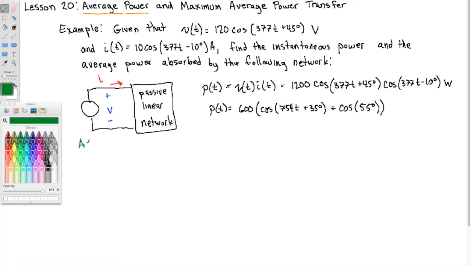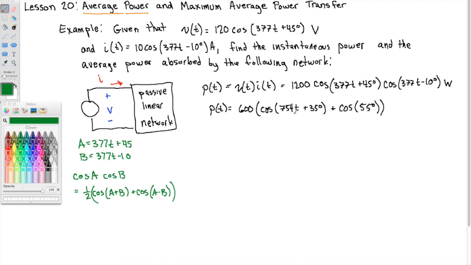If we call A to be 377t plus 45 and B to be 377t minus 10, I'm using cosine of A times cosine of B is 1/2 cosine of A plus B plus cosine of A minus B. A plus B gives me twice the frequency and an angle of 35 degrees.